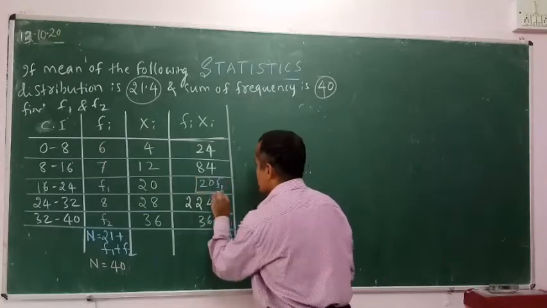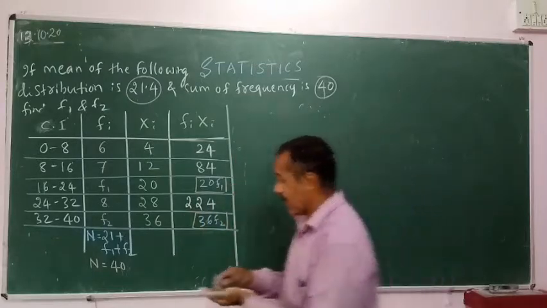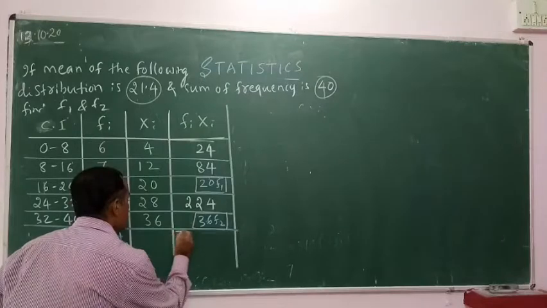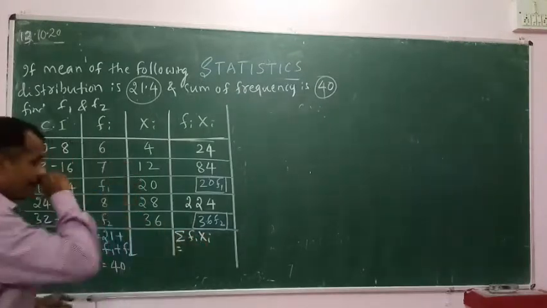I will make a block for this also, under the heading summation fi xi is equal to. Then we go for the actual.